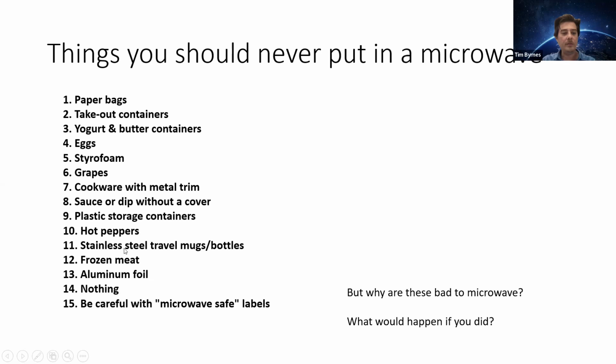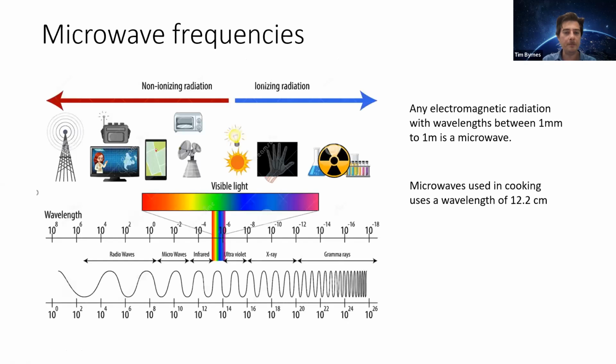Stainless steel is another. Frozen meat is actually more of a health issue than a danger issue. Aluminium foil is another metal one, and so forth. There are all these different types, so we'll maybe explore some of these.